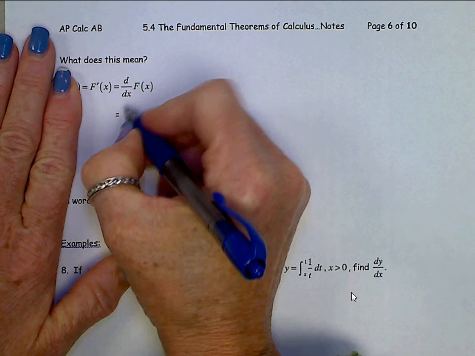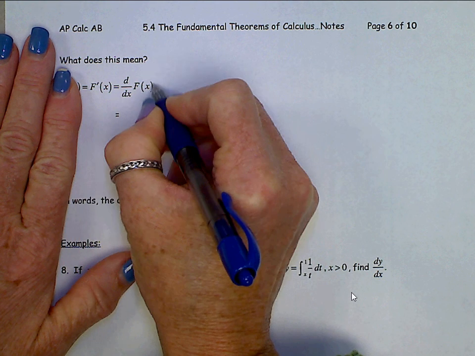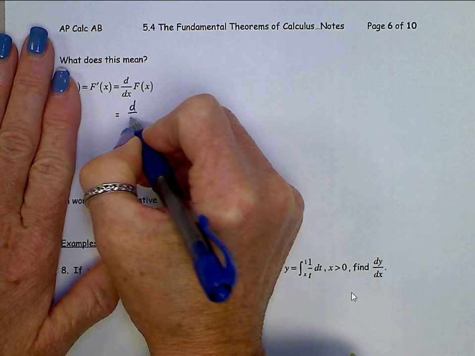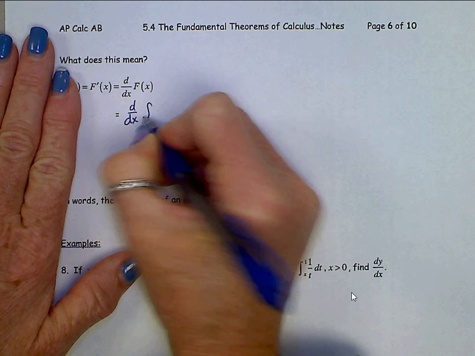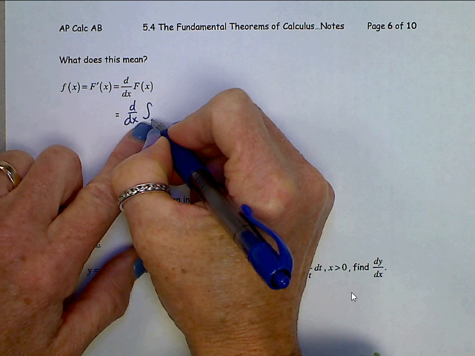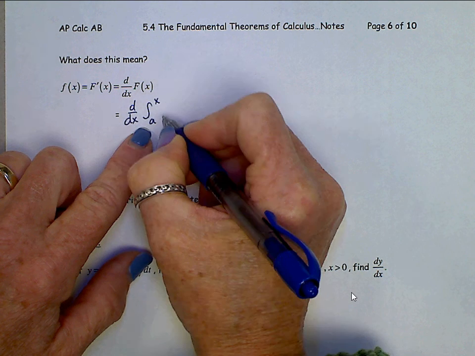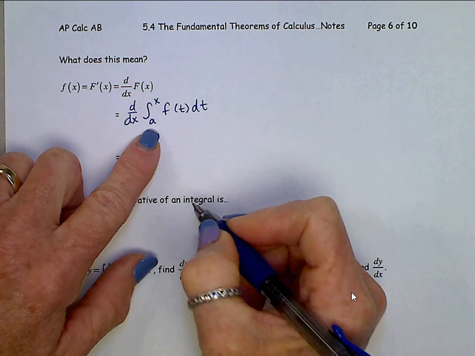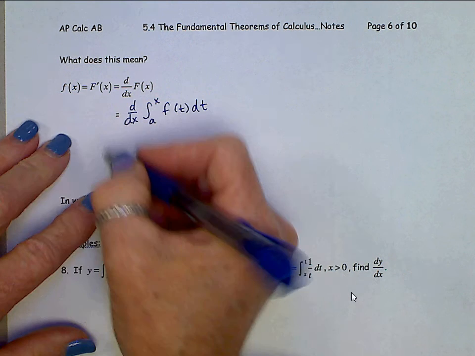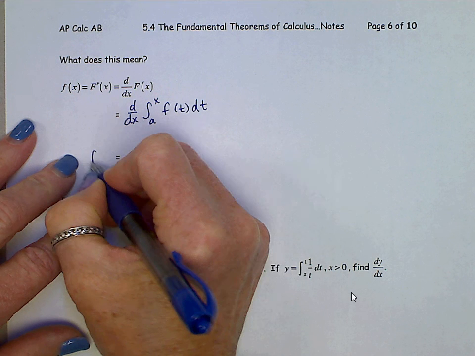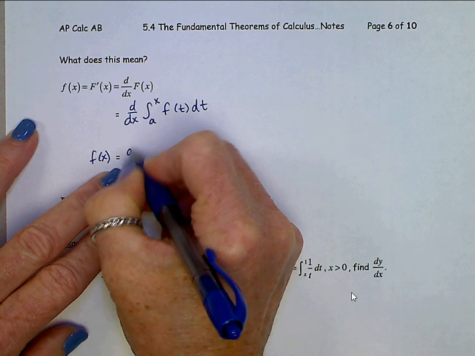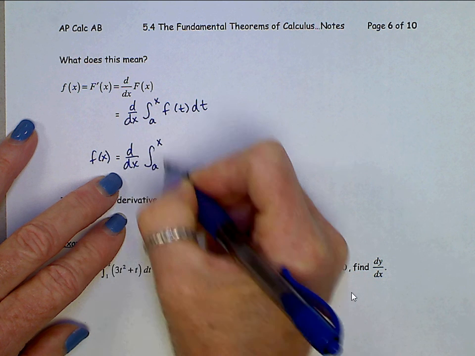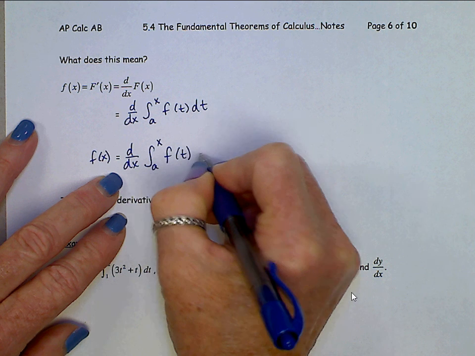And then, if we replace this big F of x with what it was defined as, we have d dx of the integral from a to x of f of t dt. Pulling this all together, we have f of x is equal to d dx of the integral from a to x of f of t dt.